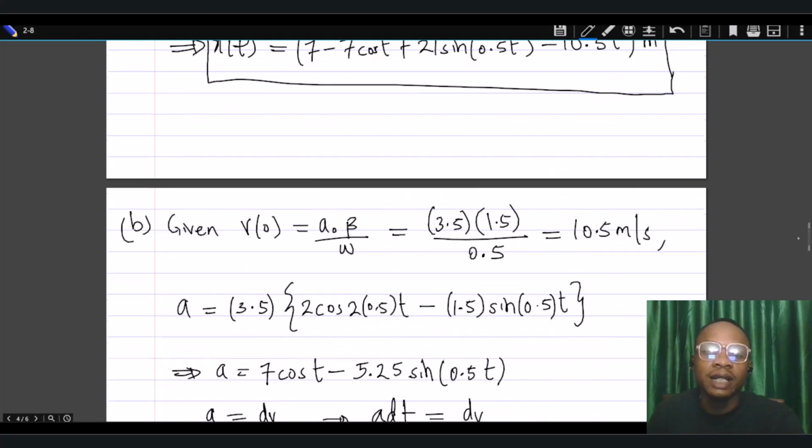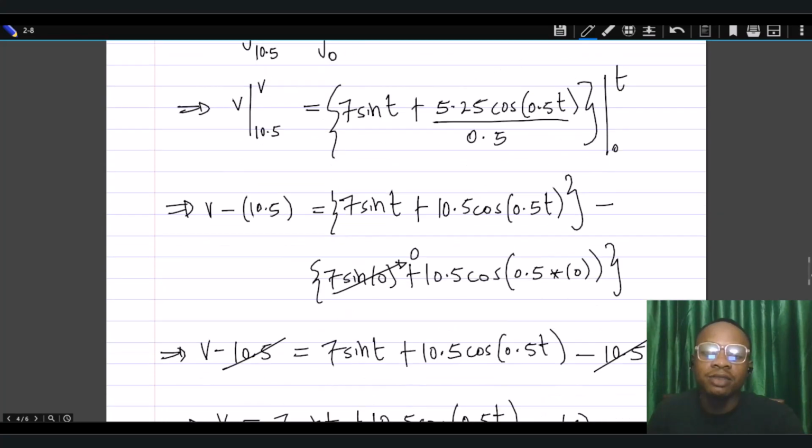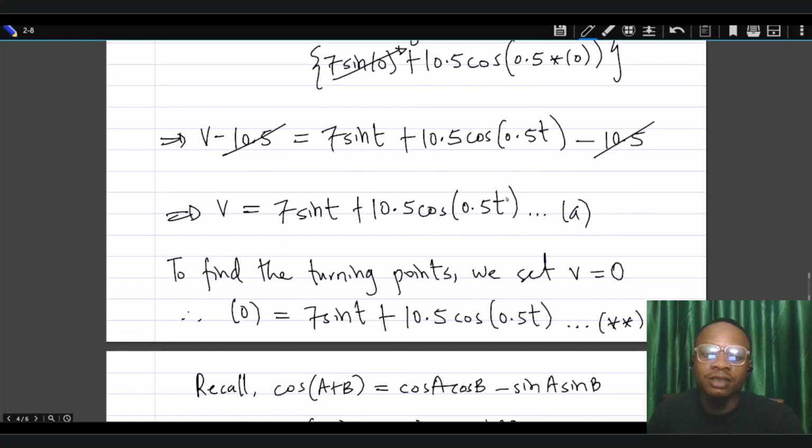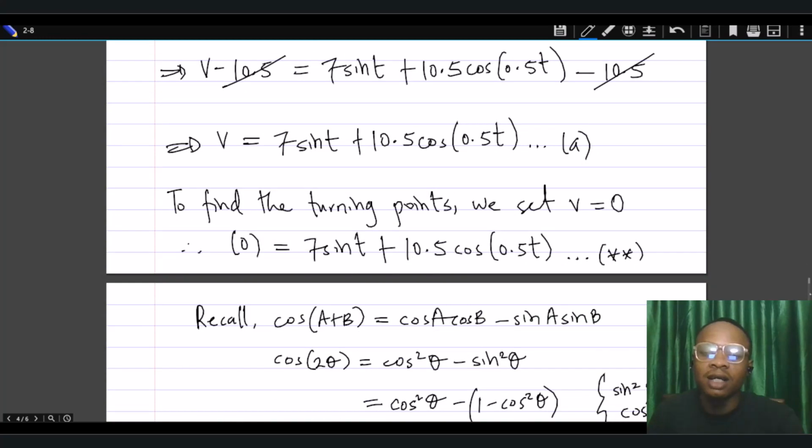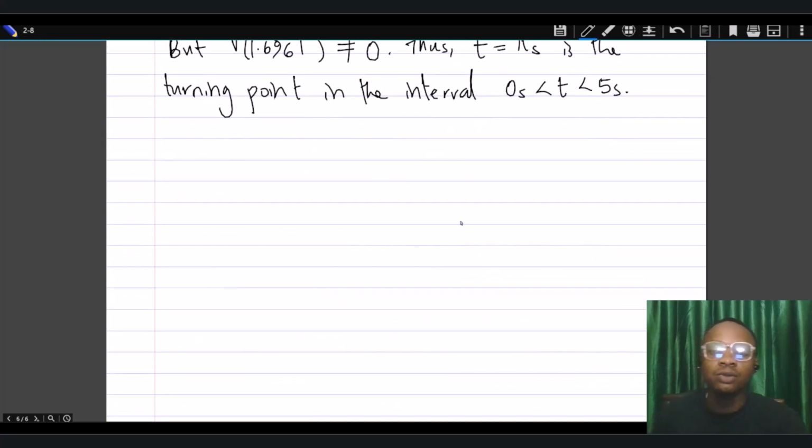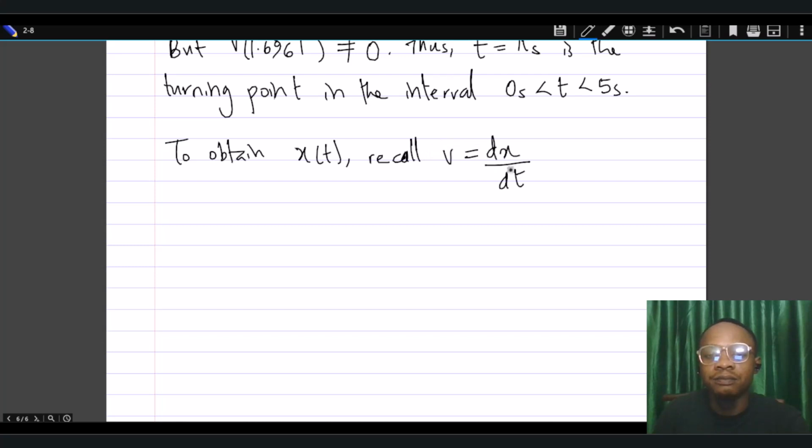So we will go ahead now and make use of this expression that we have for velocity. We use it to get the position as a function of time. So to obtain position as a function of time, recall again that v is equal to dx/dt. So if v is dx/dt, then it follows that v dt is equal to dx.